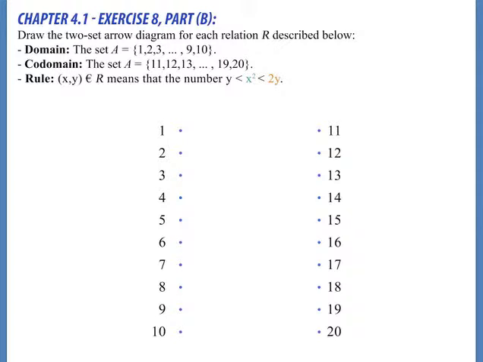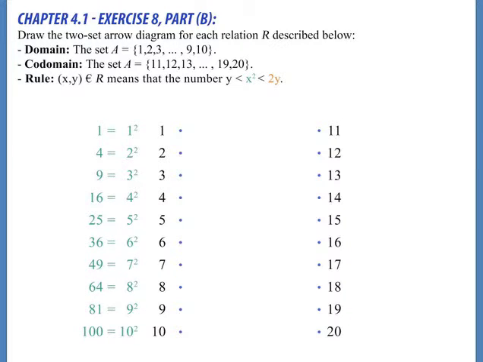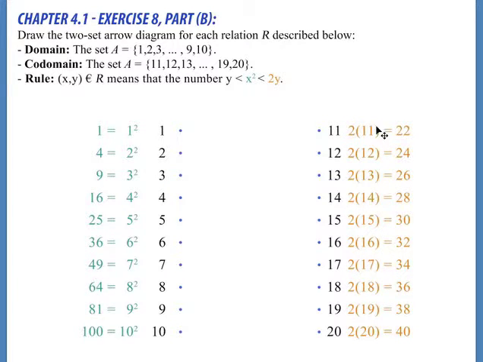So what you're going to want to be thinking about is what x squared would be for each of the domains, and I have that here. And also, you're going to want to think about what 2y is for each of the codomains, which I have right here.